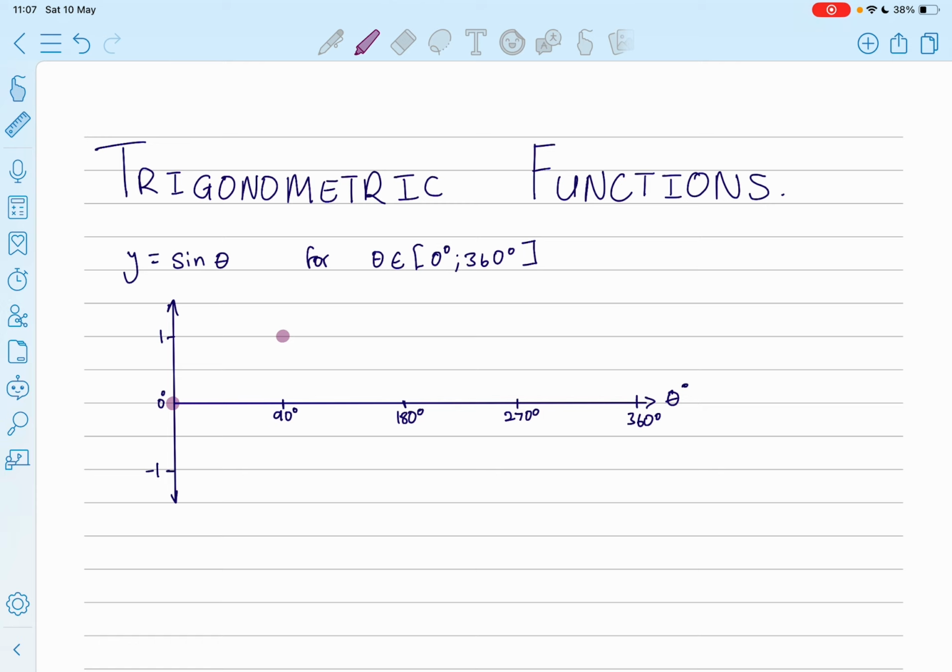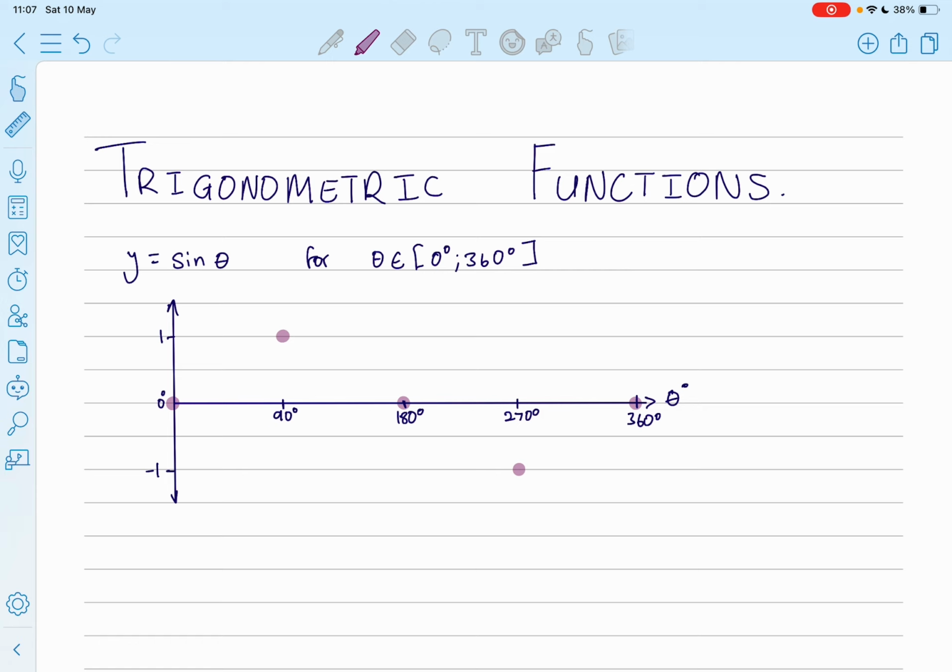At 180 degrees, y is equal to 0. When we get to 270 degrees, y is -1. And when we reach 360, a complete revolution, we are back at 0.